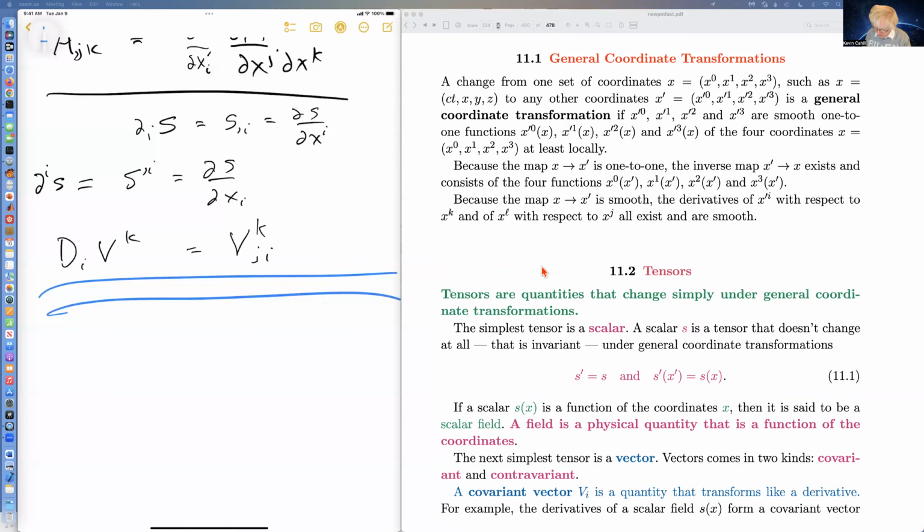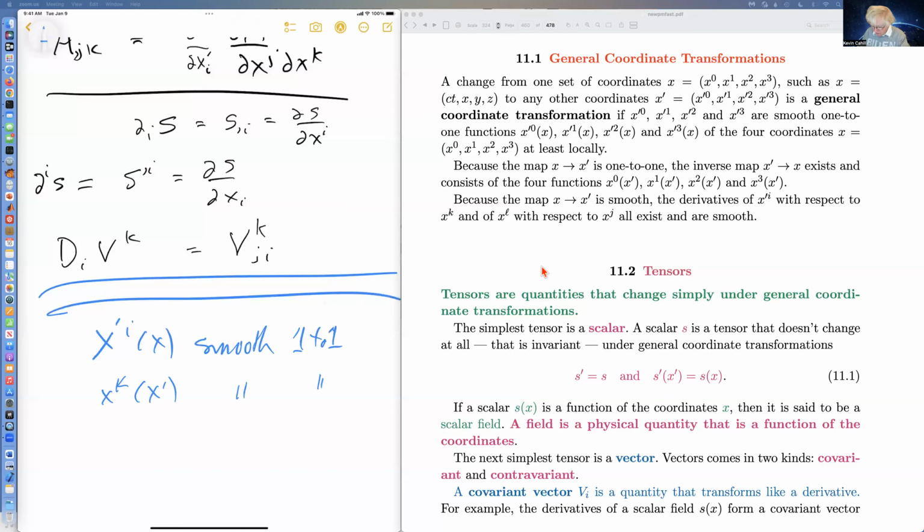So the idea is that we have x prime i of x, and it is smooth and 1-to-1. And so it's invertible. So x^k, say, is a function of the x prime, and that's also smooth and 1-to-1. So that's the idea. We have nice transformations.